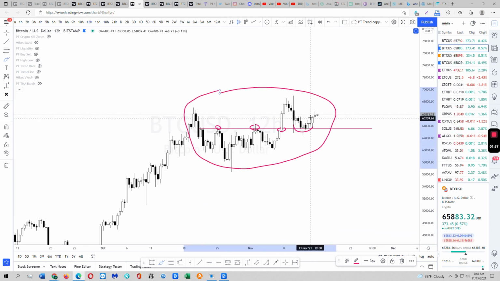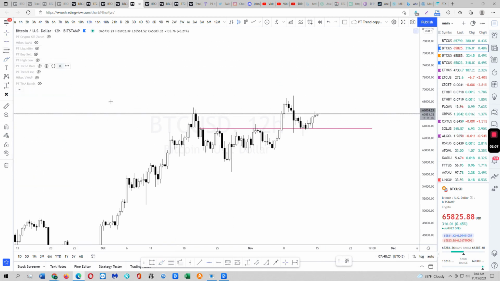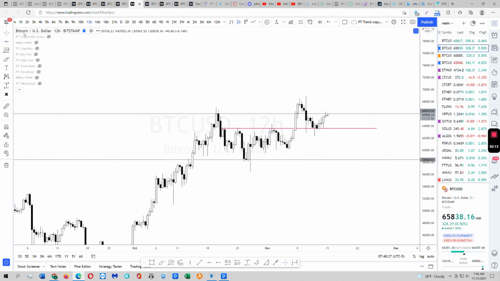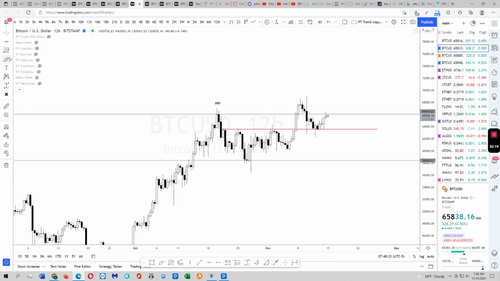this looks beautiful. This looks like a typical SR flip, meaning support flip to resistance, okay? But if you actually start talking about highs and lows, this is still a high, it's a higher high.